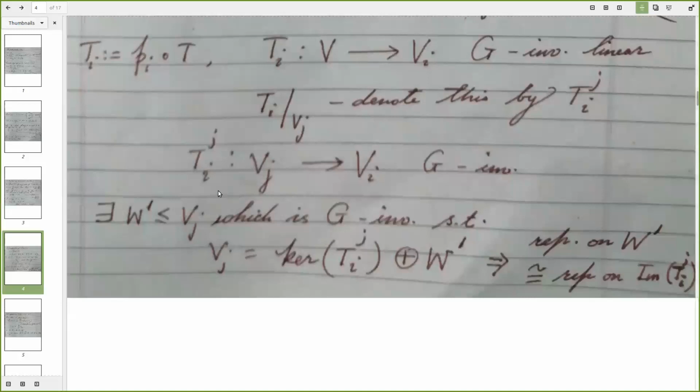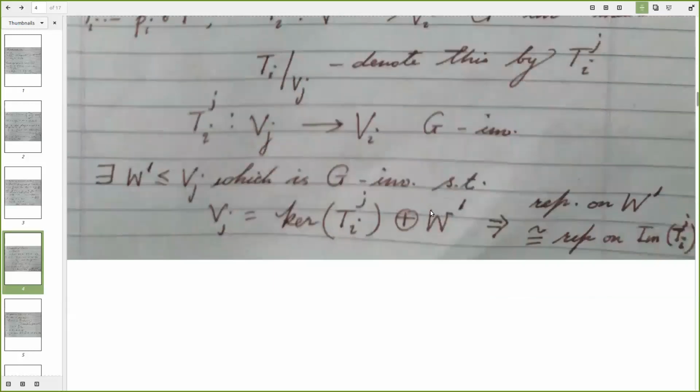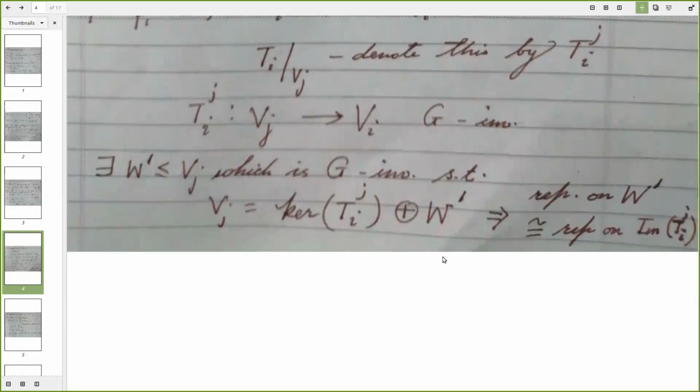Okay, so now the question is, what can we say about this T_ji? The claim is the following: if i is not equal to j, then T_ji is 0. Why? In order to see a map is 0, we will try to show its kernel is the whole of V_j. So let's consider the kernel of this map.